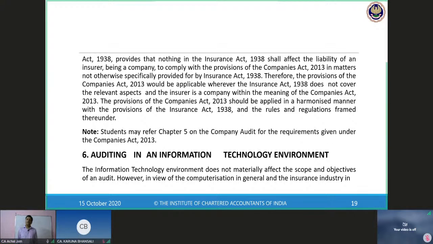Now, considering that information technology is significantly involved in their processes, it will be very important on the part of the auditor to get himself familiar with this information technology. He will have to understand the requirements of the IT environment, the complete IT environment in which the company operates.